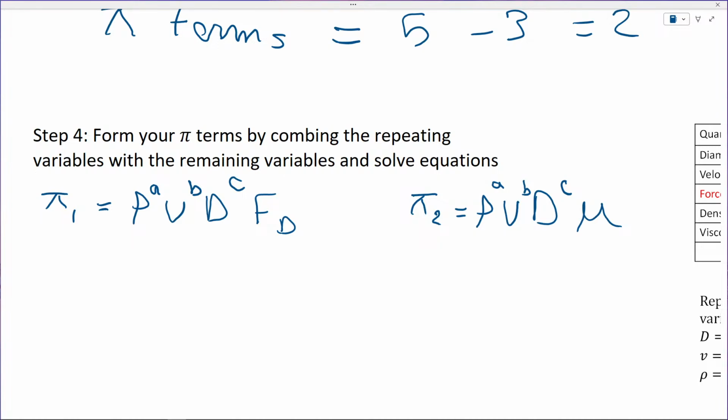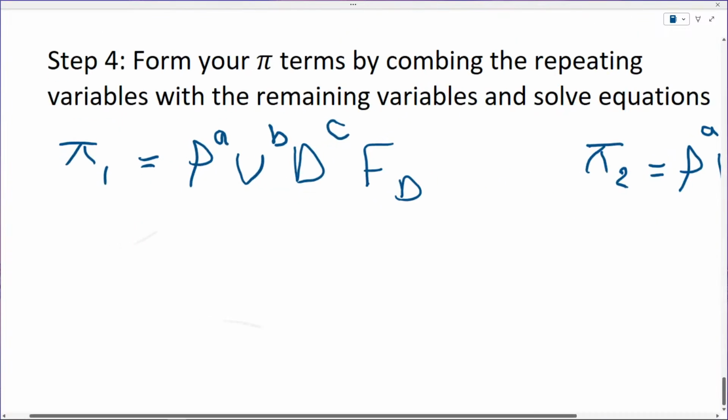I want to make these powers 1 over 2, 2, 3, or whatever, so that this term will become dimensionless. Similarly, I want to make a, b, c the same here, so that this term will become dimensionless. Let's look at it in detail.